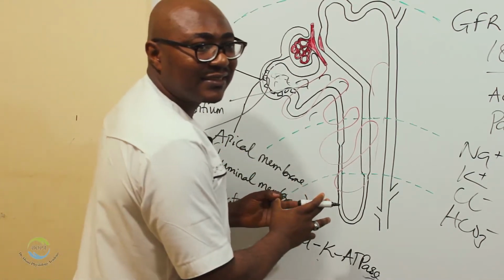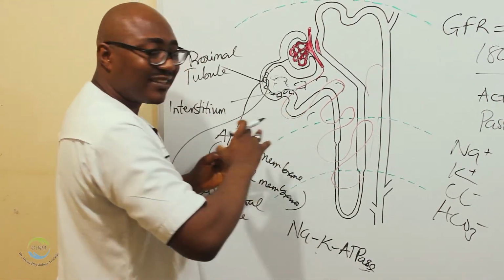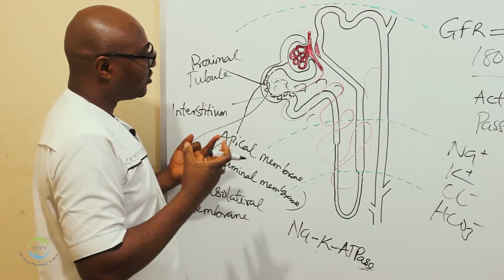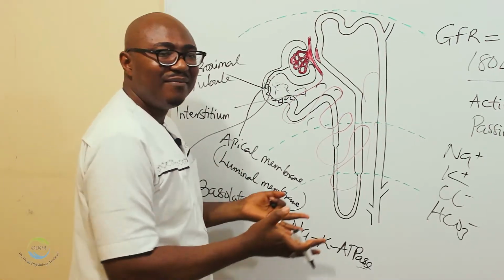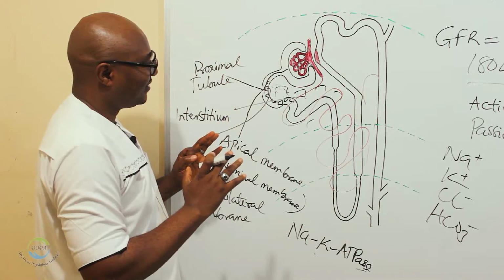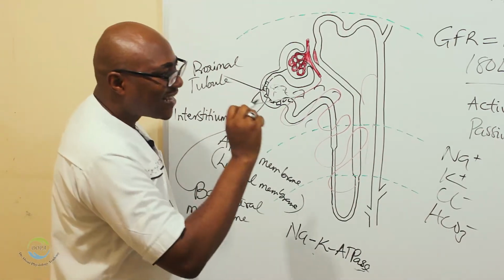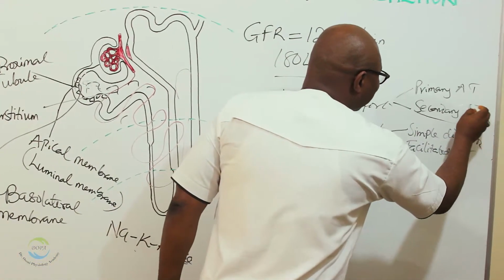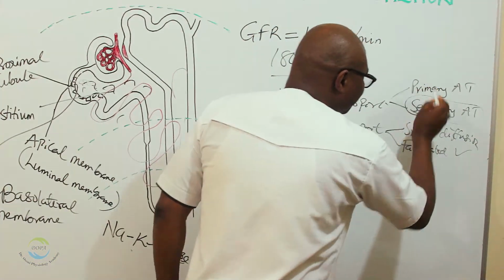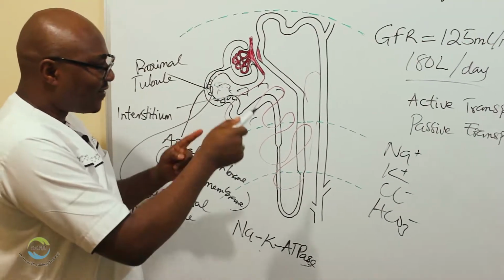Because of that energy with which sodium enters into the cell as a result of that large concentration gradient, it uses it to carry many other substances. So that is called what? Secondary active transport for most of these substances, depending on the gradient.